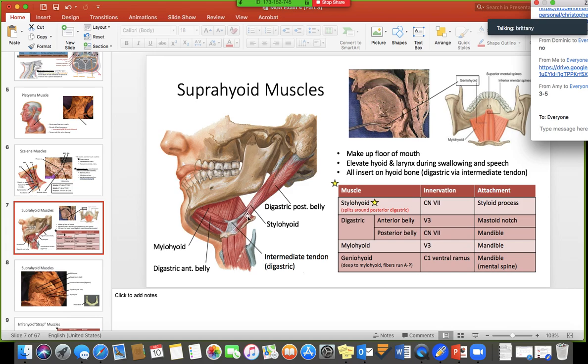This is definitely one that they tagged last year. And also know that it's innervated by cranial nerve 7. If you think about how cranial nerve 7 exits the stylomastoid foramen, you're right in that area. So hopefully that helps you remember that both the posterior belly of the digastric and the stylohyoid muscle are innervated by cranial nerve 7.